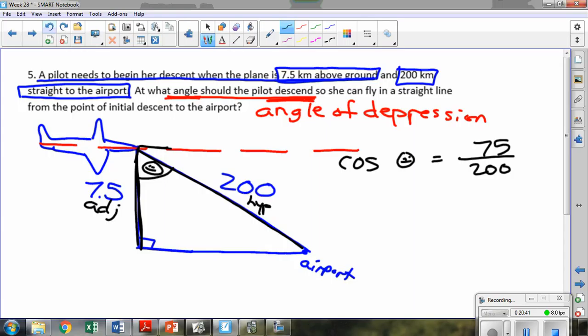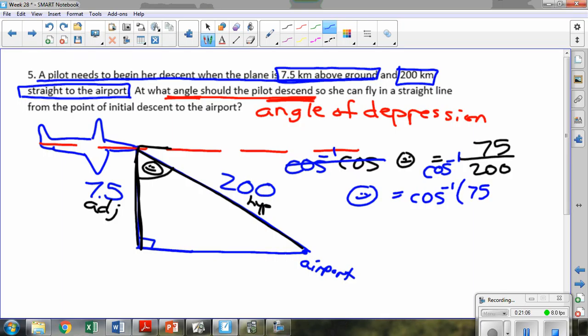Now what? Yeah. We need to get smiley face by itself, which means we have to get rid of cosine. And to get rid of cosine, we'll pair it with cosine inverse. So thus, we have angle smiley face is cosine inverse.